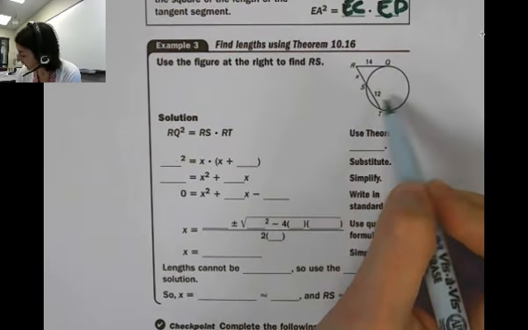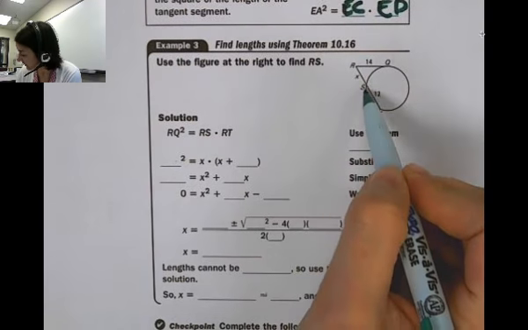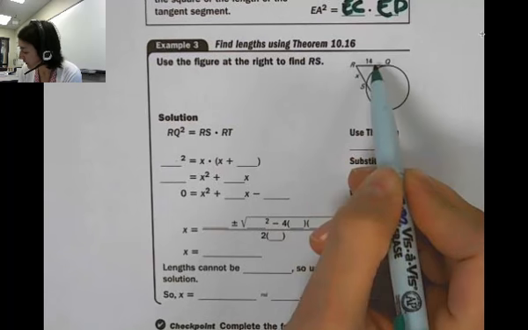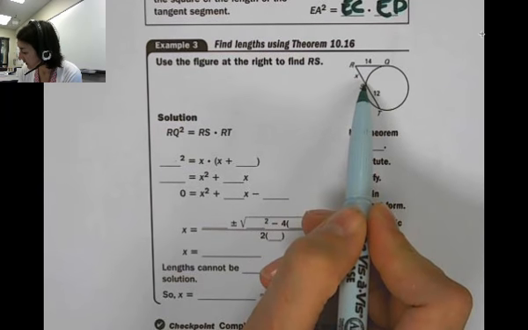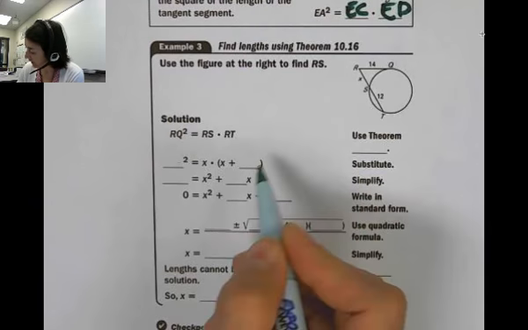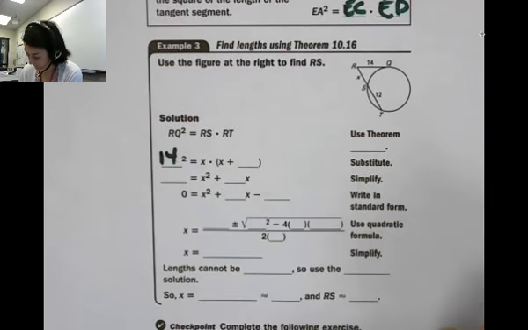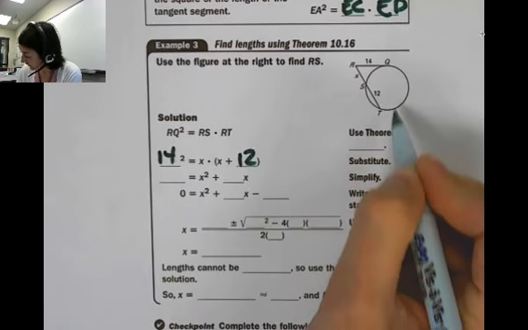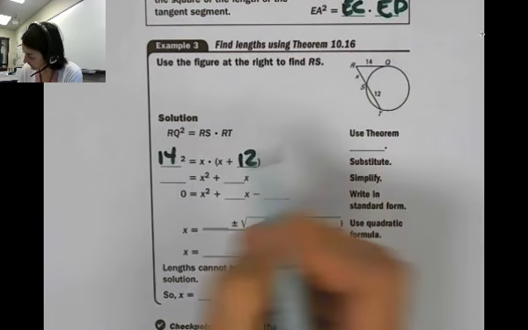Use the figure at the right to find distance RS, so we are solving for x here. RQ squared equals RS times the whole segment here, RT. Let's start plugging things in that we know: 14 squared, and then that's x, and then x plus 12. Start simplifying.